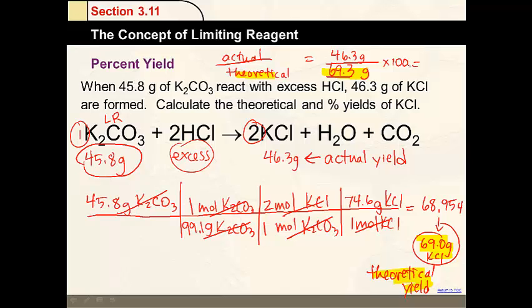So 46.3 divided by, oops, I'm sorry, I wrote the wrong number in here, 69.0, and times 100, I get 67.1% yield. And that is your final answer.